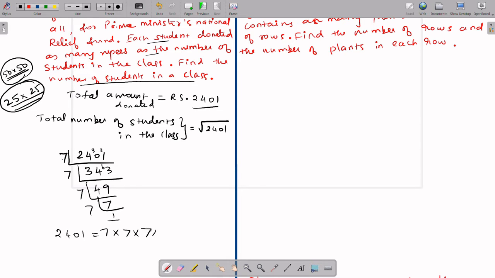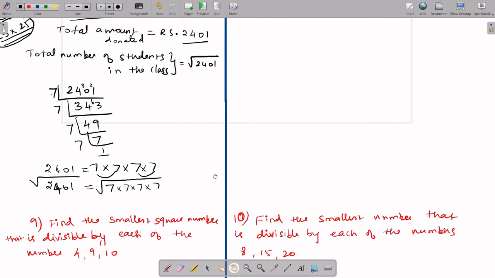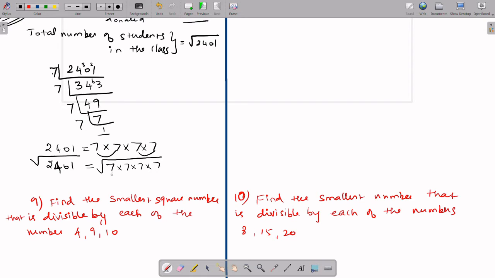And we need the square root of 2401. The square root of 2401 is equal to the square root of 7 into 7 into 7 into 7. We have to combine each pair, and from each pair you take one number. So 7 into 7 gives 49.